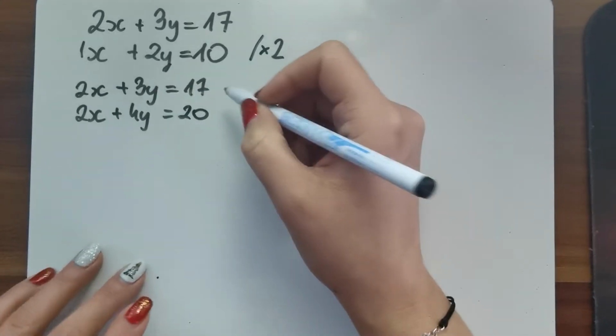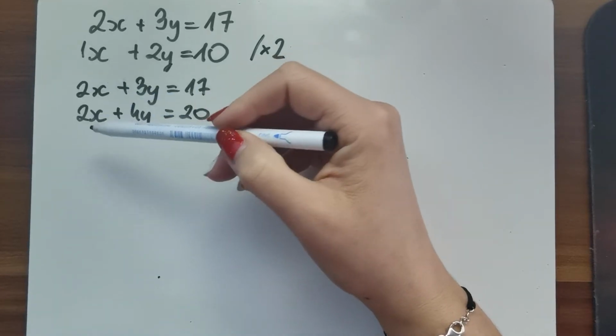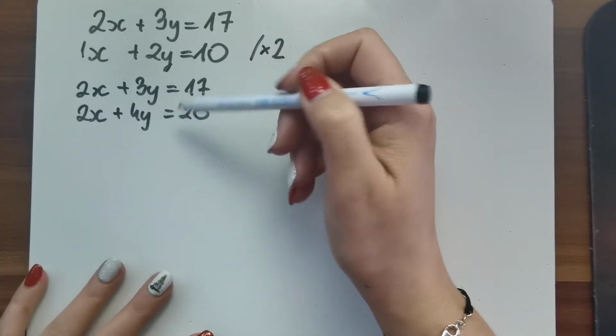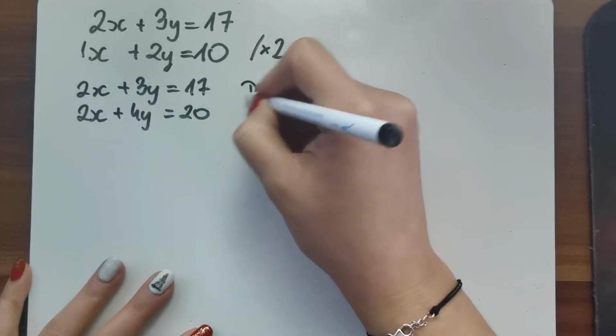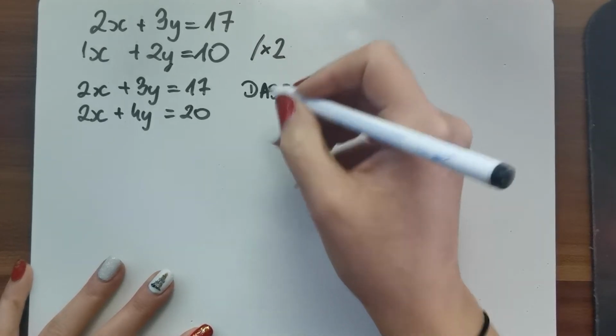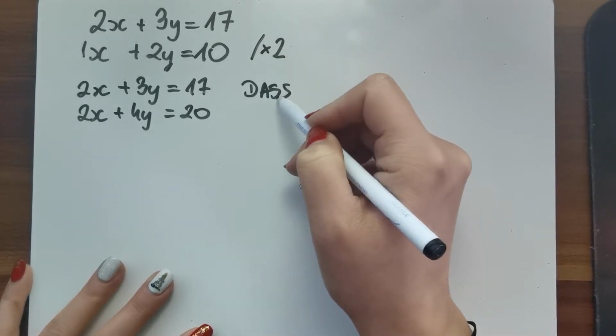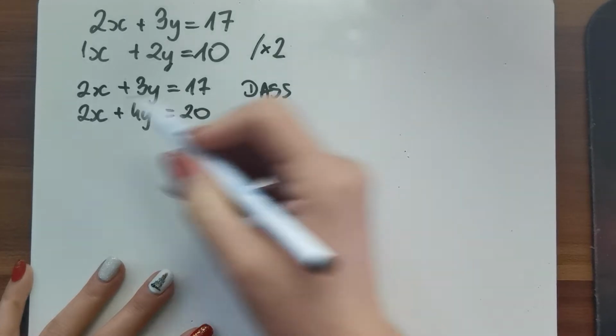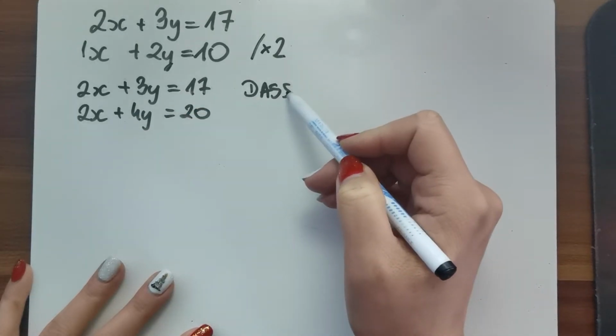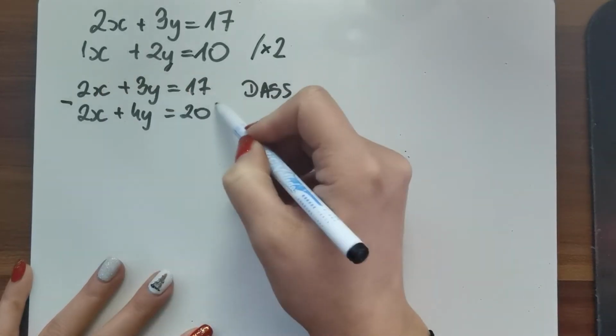Okay, so if I have the same coefficient, I can add or subtract both equations. So thus, different signs, adding; same signs, subtracting. We have same signs, so we will be subtracting those equations.